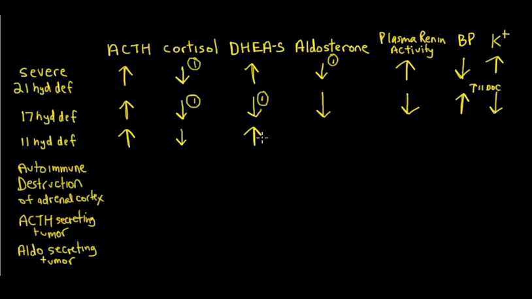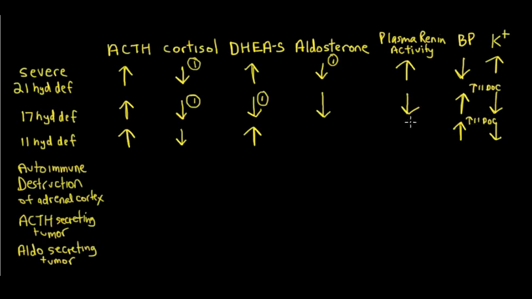And we have a similar problem with the 11-hydroxylase defect. Okay, we're going to have an increase in blood pressure and a decrease in potassium. Probably this is going to be the 11-DOC, right? And that would increase as well because remember the 11-hydroxylase works on the 11-DOC.